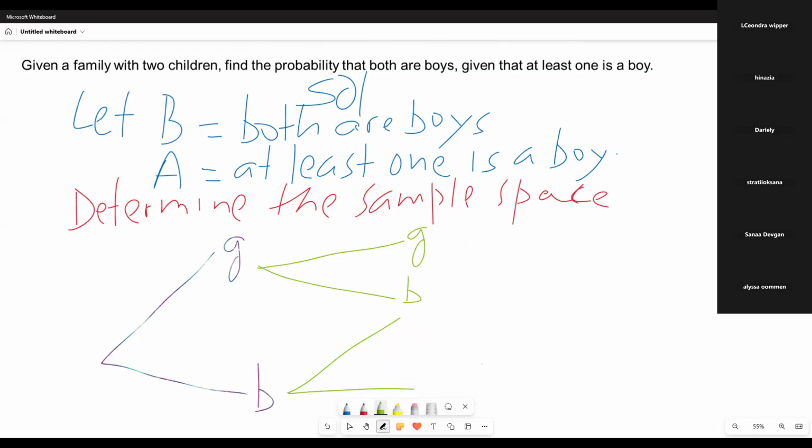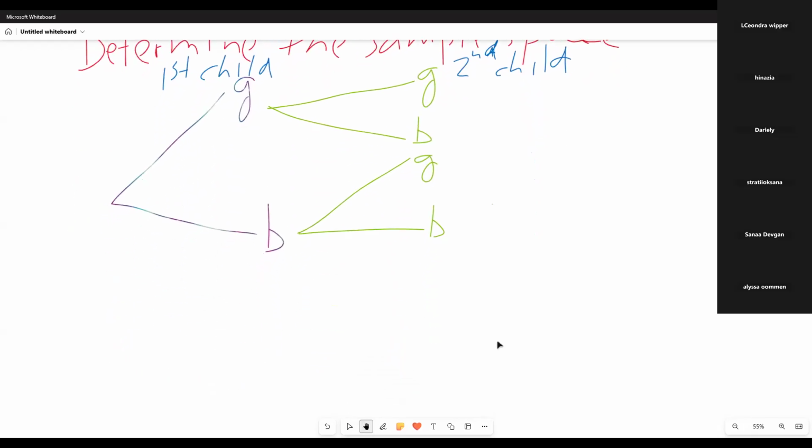Here, this is the first child, and this one is the second child. Now, the sample space should look like this.